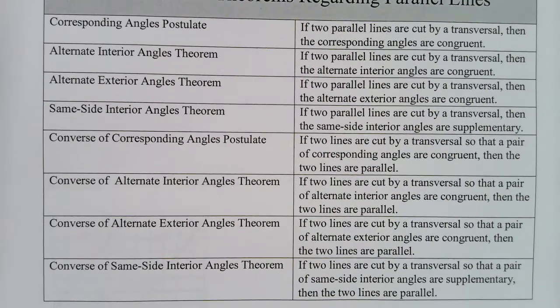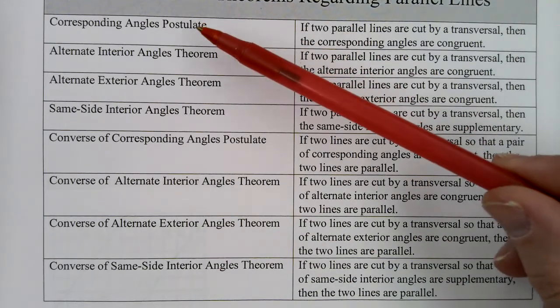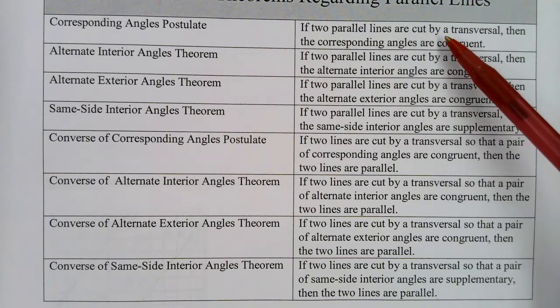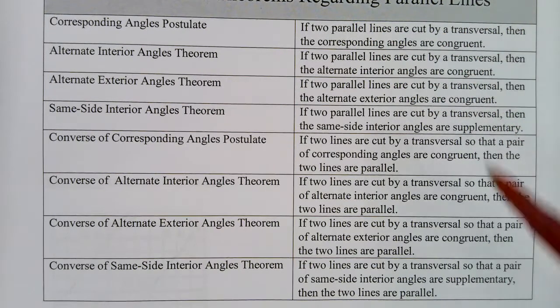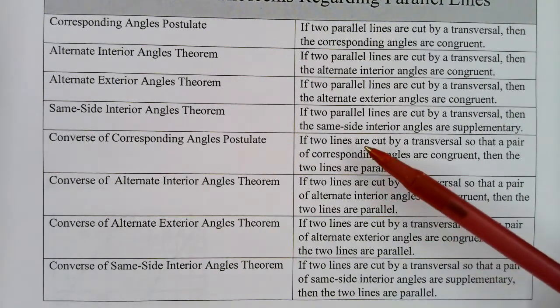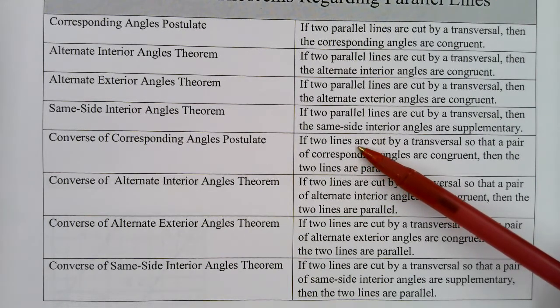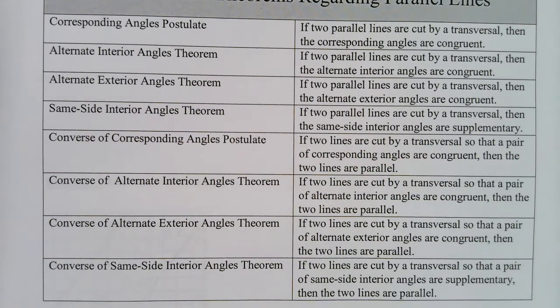And the converse of each of them is true. Remember, the converse is when you switch around the hypothesis and the conclusion. So for the corresponding angles postulate, if 2 parallel lines are cut by a transversal, then the corresponding angles are congruent. The converse, if 2 lines are cut by a transversal so that a pair of corresponding angles are congruent, then the 2 lines are parallel.